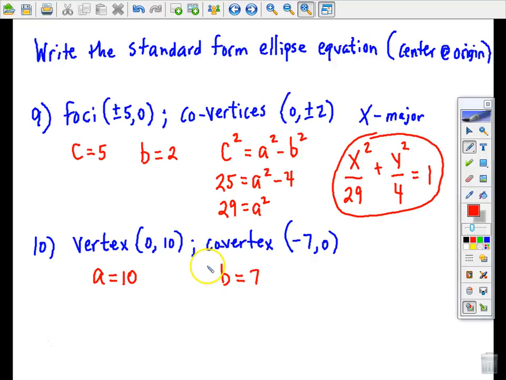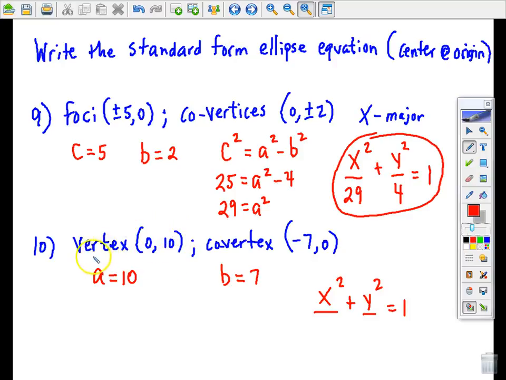Well, this one's going to be kind of easy because we just need to realize which axis is major. All right, so we can go ahead and set up the ellipse equation with the numerators because they don't ever change. But we need to ask ourselves the question, which is the major axis? Is it the x or is it the y? Well, the vertices will tell you that answer because vertices represent points on the major axis that the graph crosses.